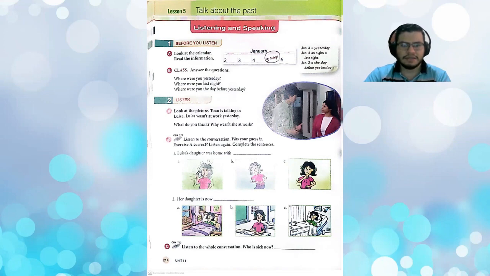Cuando estamos hablando de you, we, they, utilizamos lo que es el were. You were, they were, we were. Nosotros estábamos. Él estaba, he was, ella estaba, she was. Esto estaba, it was. O yo estaba, I was. Y la forma negativa de I was es wasn't.